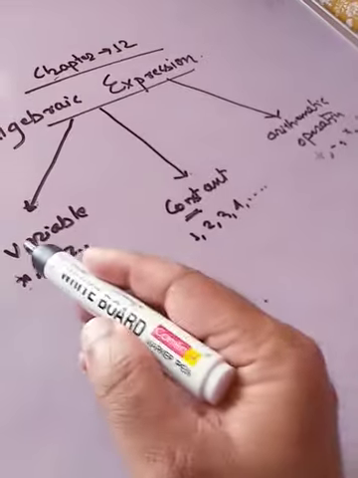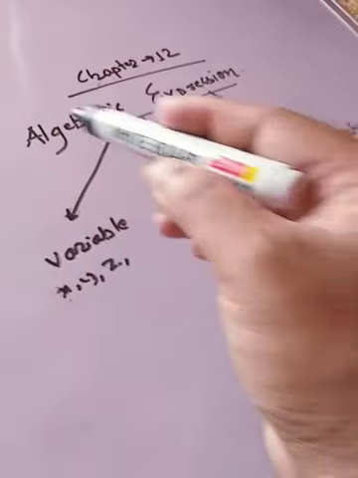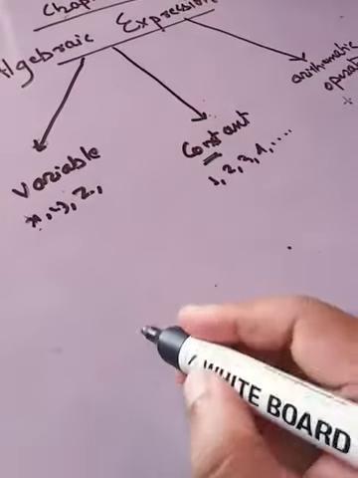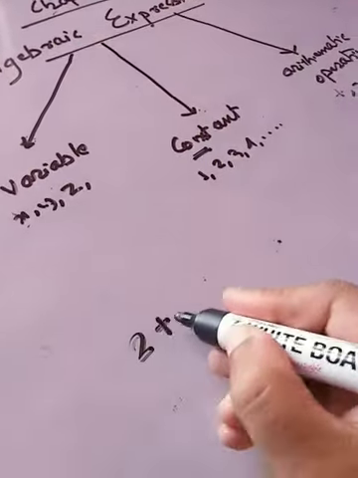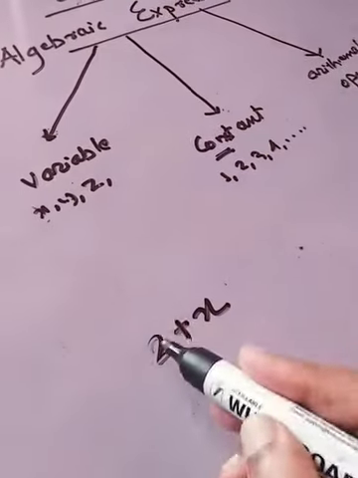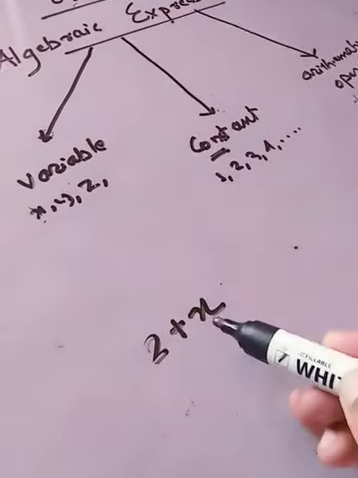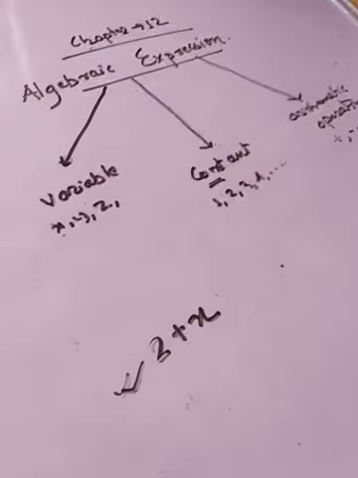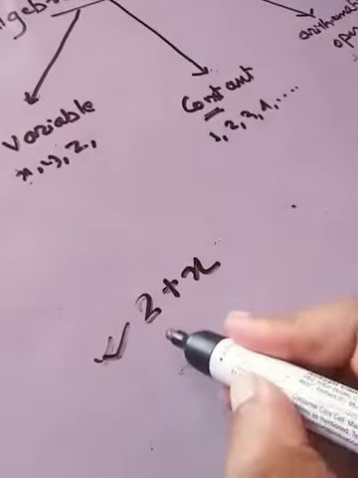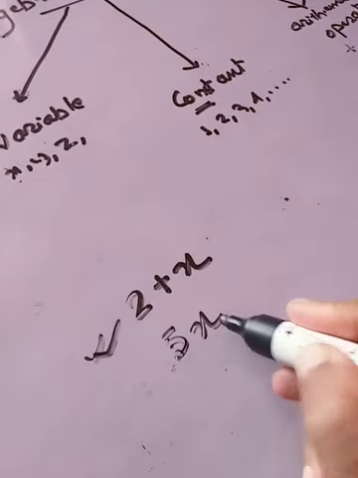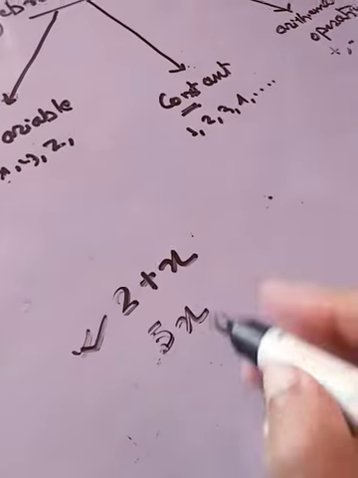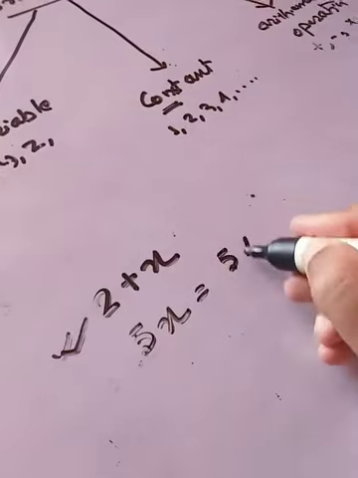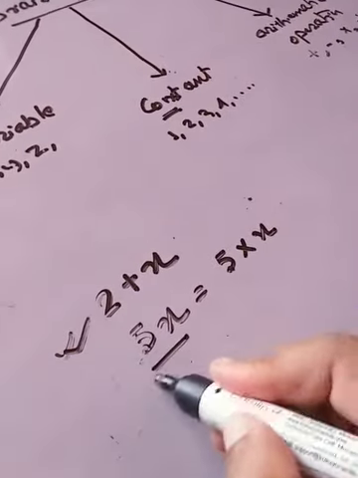Now if we combine these three things together, then we form an algebraic expression. Suppose 2 plus x: 2 is a constant term, variable is x, and plus is the arithmetic operation. This is one algebraic expression. 5x means 5 into x, so it could be written in both ways.